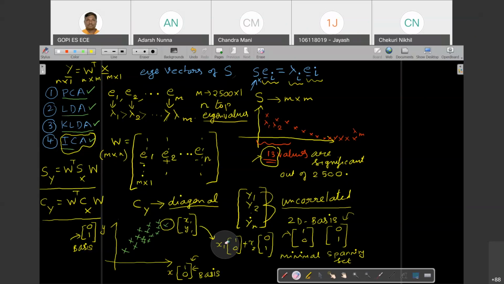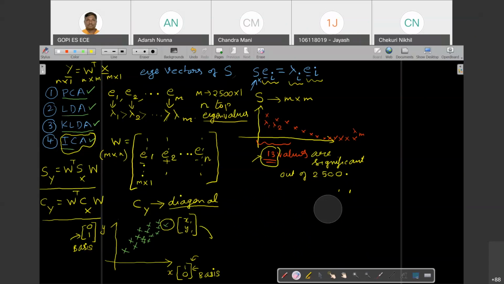But now what is PCA going to do? PCA actually identifies the direction of maximum variance. So this is the direction of maximum variance. It means that after projection, we can see PCA as fitting the data with reference to a basis.